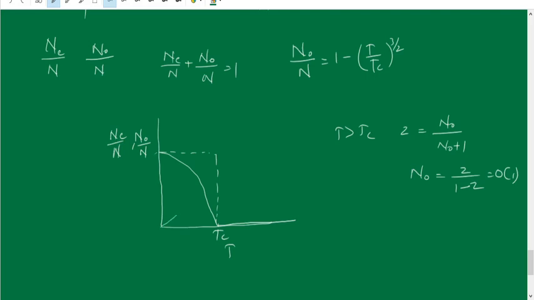This will be like this. Beyond T greater than Tc, this is ne by n and this is n0 by n fraction. If you add these two, you should get 1.